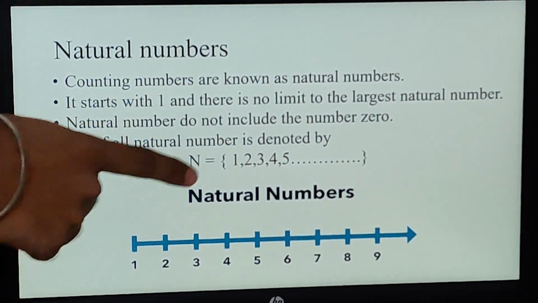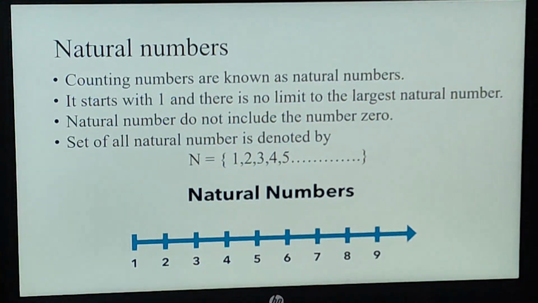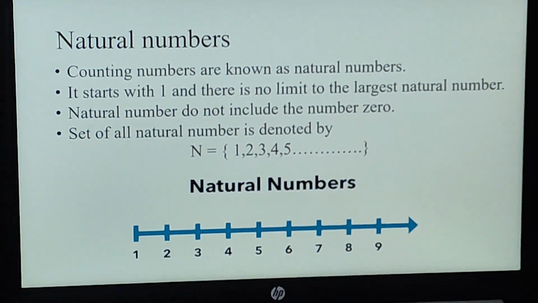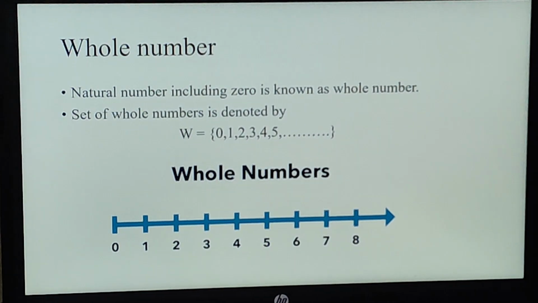Natural numbers, as you have seen on this screen, are represented on the number line as 1, 2, 3, 4, 5, 6 and so on. Next slide, we have whole numbers. What is a whole number?